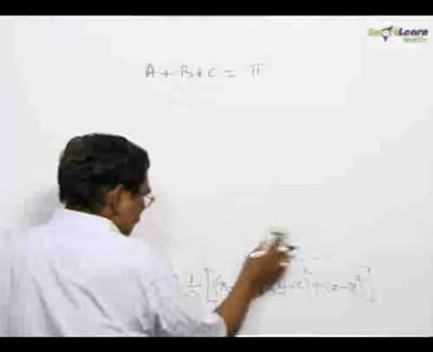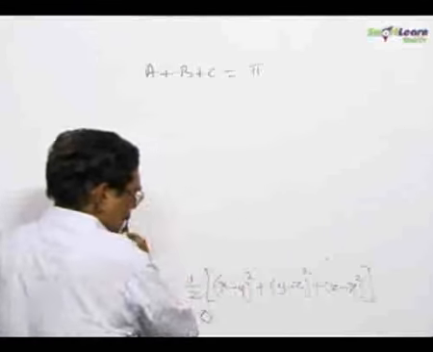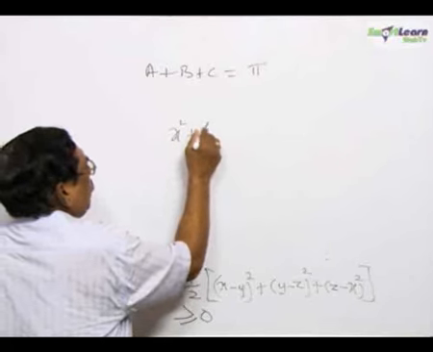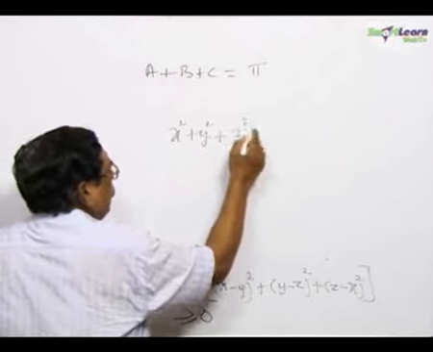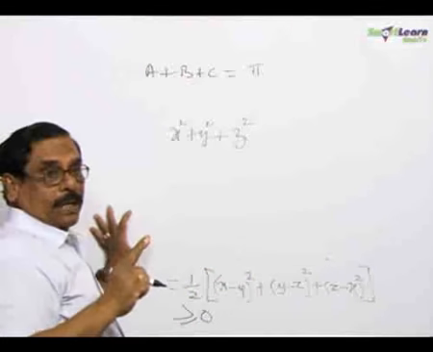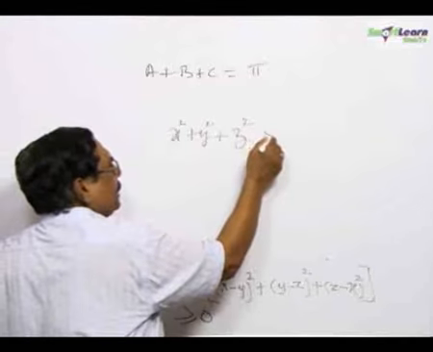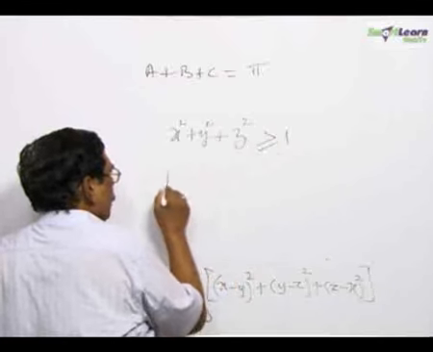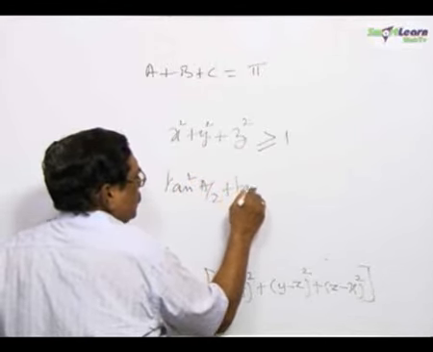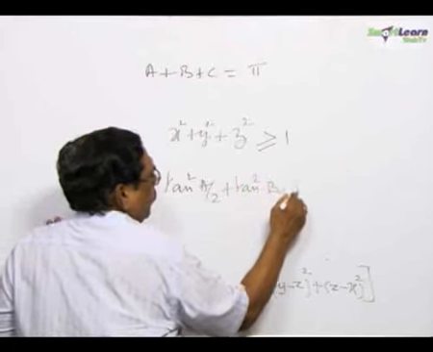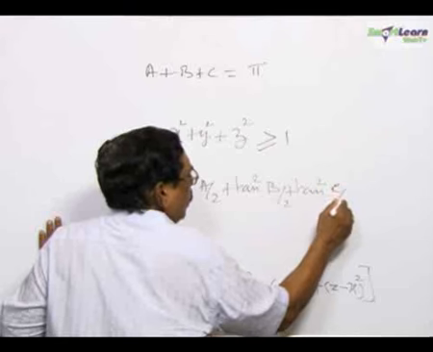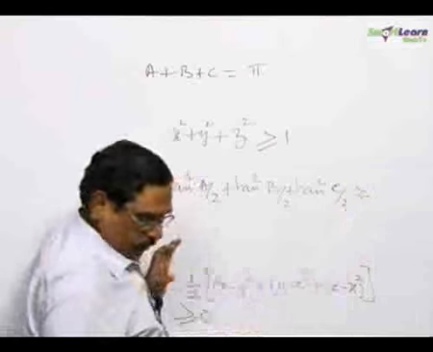Therefore, I will be having x squared plus y squared plus z squared minus xy minus yz minus zx, that is x squared plus y squared plus z squared minus 1, is greater than or equal to 0. Or I will be having tan squared A by 2 plus tan squared B by 2 plus tan squared C by 2 is greater than or equal to 1.